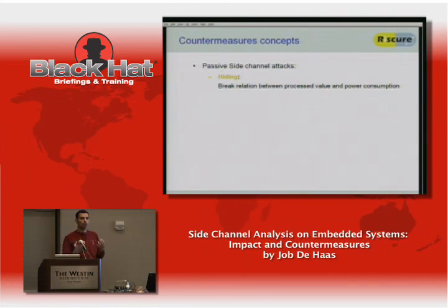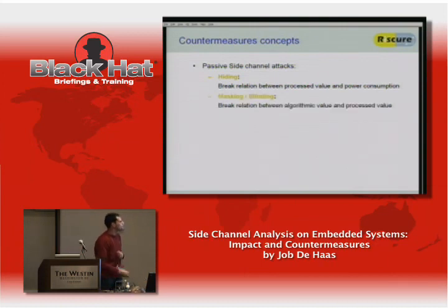You're trying to break the relationship between the power consumption and the actual process value. But you can also do this algorithmically. So you can change your algorithm, introducing a random maybe in there in a masking way to try and break the relationship between the power consumption that the subsequent processing steps will take and the actual value in the algorithm that you are processing.